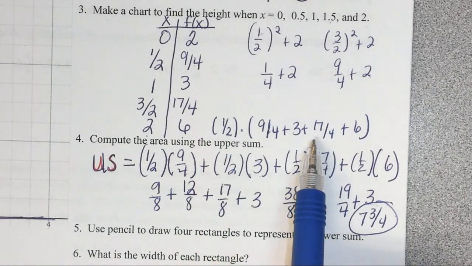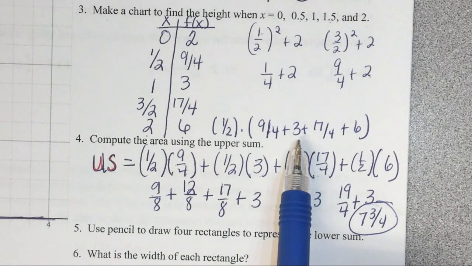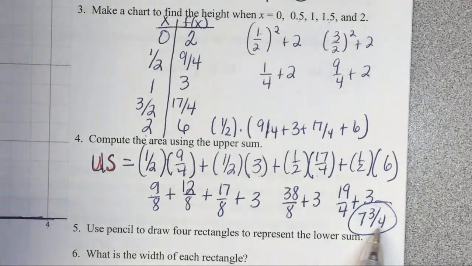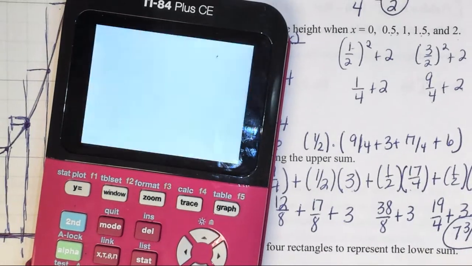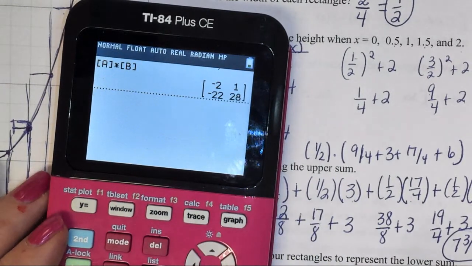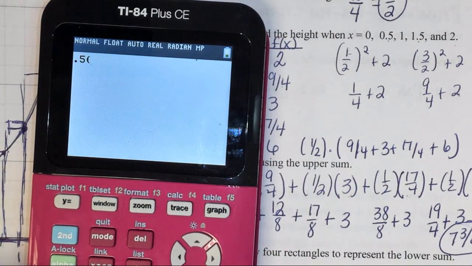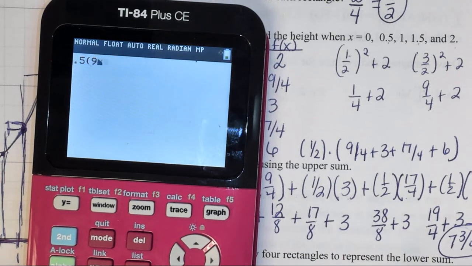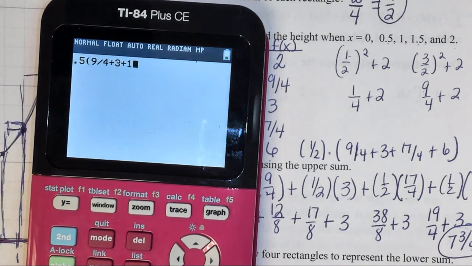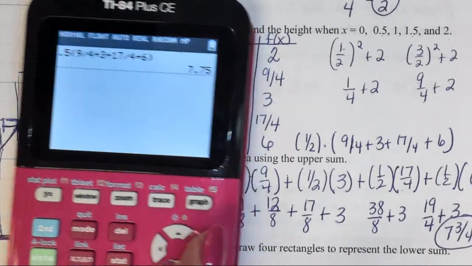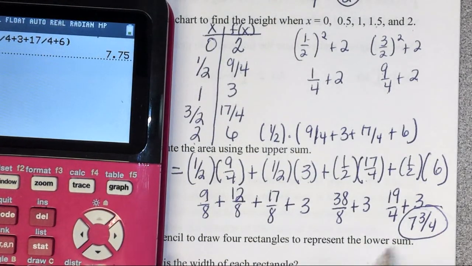That would be a lot faster, wouldn't it, to type it in that way? So keep that in mind. In fact, I'm going to check this answer just to be sure. So I go to my home. It's going to be 0.5 parentheses 9/4 plus 3 plus 17/4 plus 6. And it's 7.75. So our upper sum is correct.